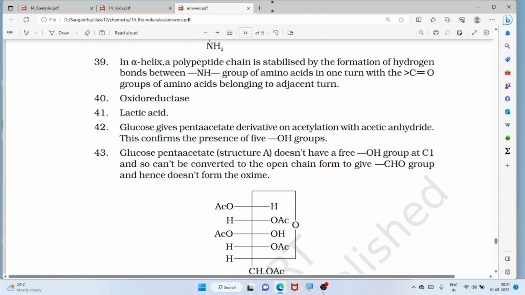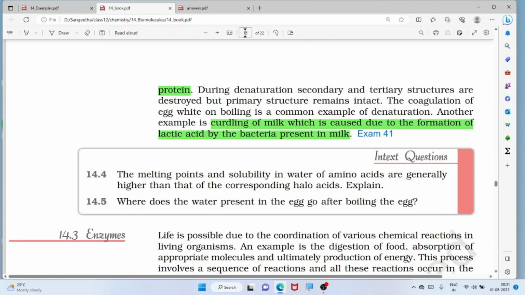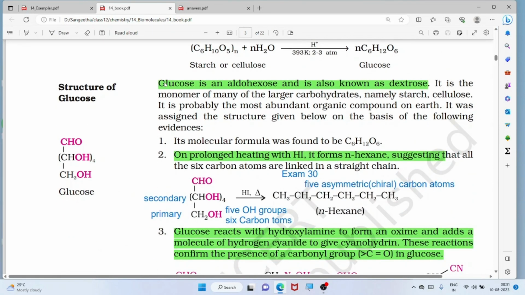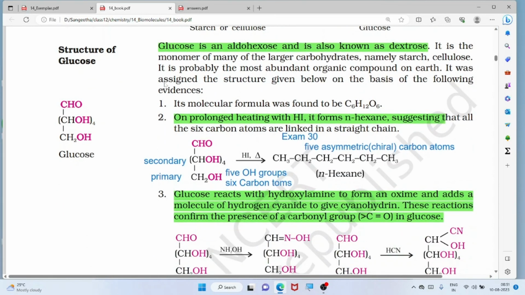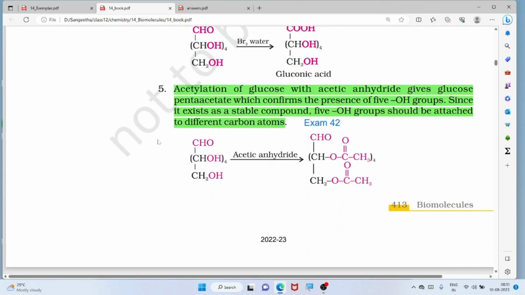This confirms the presence of the OH groups. On acetylation of glucose with acetic anhydride it gives glucose pentaacetate, which confirms the presence of five OH groups.